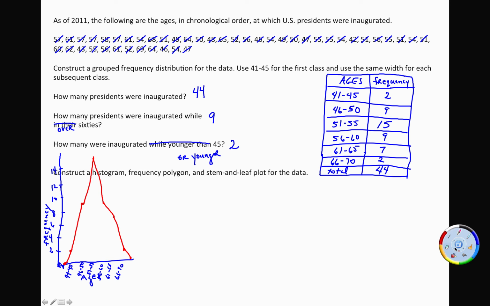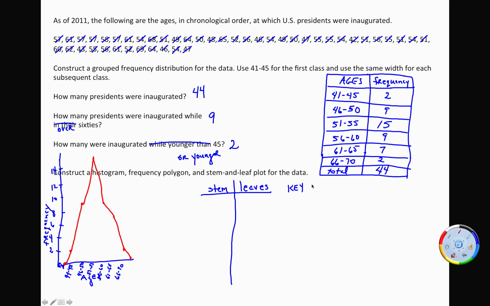And then finally, a stem and leaf. So for a stem and leaf, I need my stem and my leaves. And I need a key somewhere.